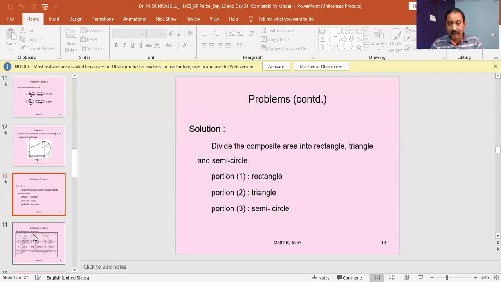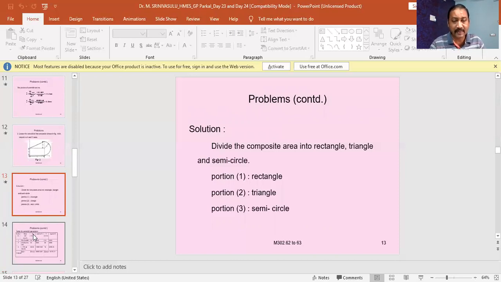Therefore, we have to divide the given figure into three standard figures: portion 1 is the rectangle, portion 2 is the triangle, portion 3 is the semicircle.